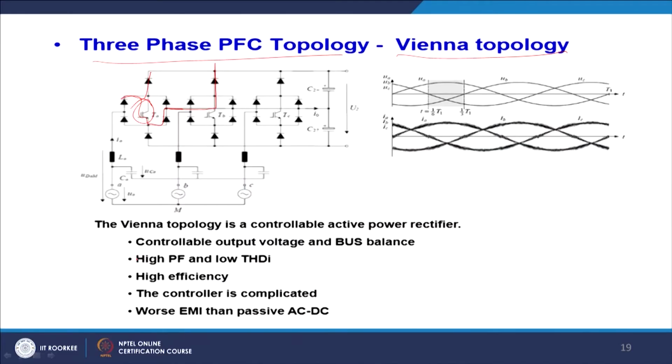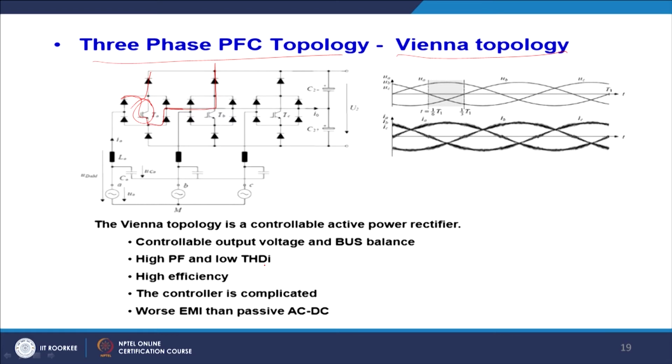but this was one of the primitive topologies developed with switches, and this is called the Vienna topology. It is a controllable active rectifier, and bidirectional action was sometimes also possible with a little change in the circuit, and it gives you a controllable output voltage, high PF and low THD.